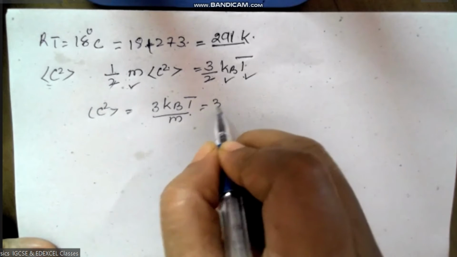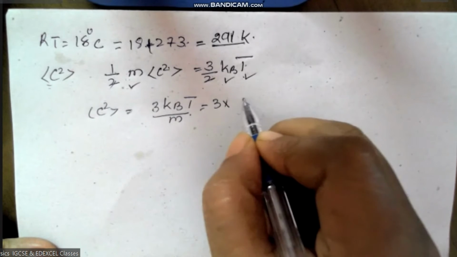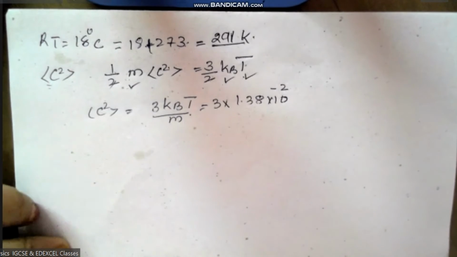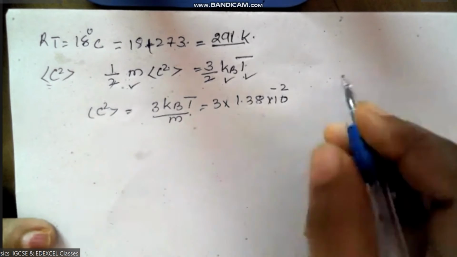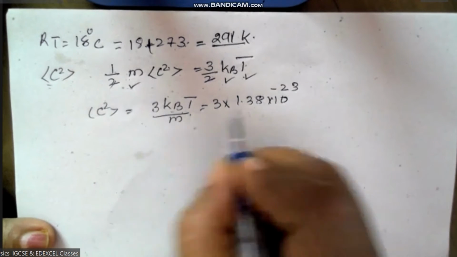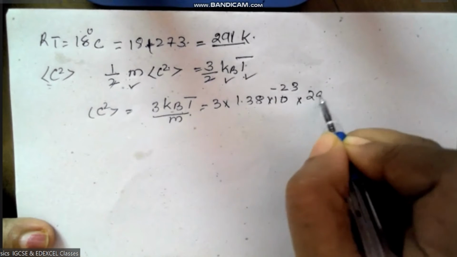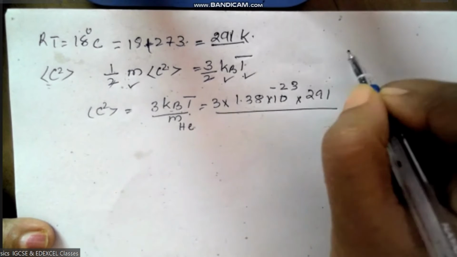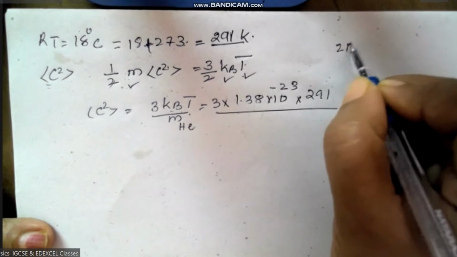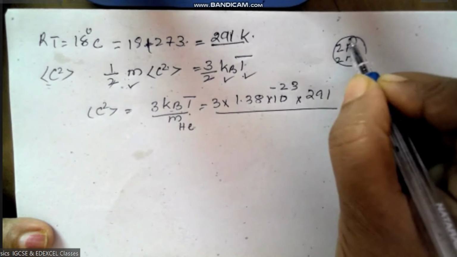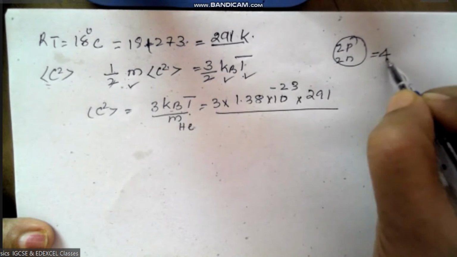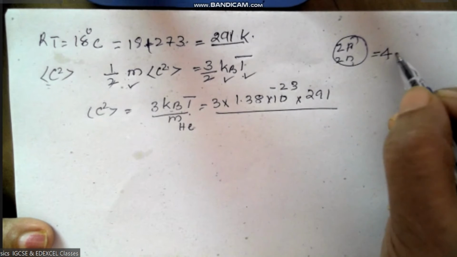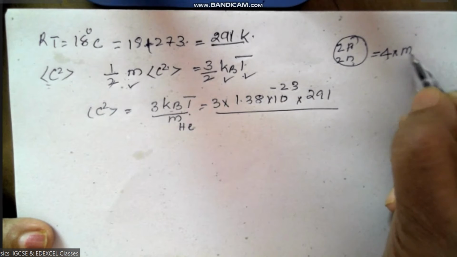The mass of helium we know. The value of this one you know. The temperature you know. So therefore, C square is equal to 3 kB T by m. So 3 into, what is the value for kB? 1.38 times 10 to the power of negative 23, into T, 291, divided by the mass of helium.